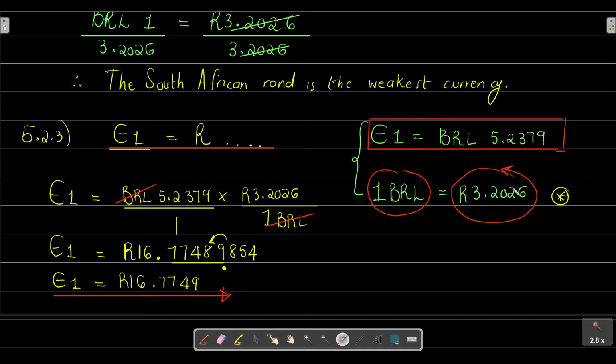We multiply by what we want. What do we want? We want the currency in rands, so we multiply by 3.2026. Divide by what we have. What was already there in the equation we wrote down? We had our units in Brazilian reals. So we divide by Brazilian reals.